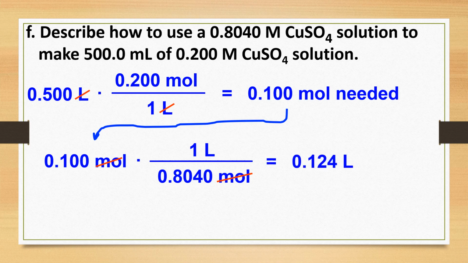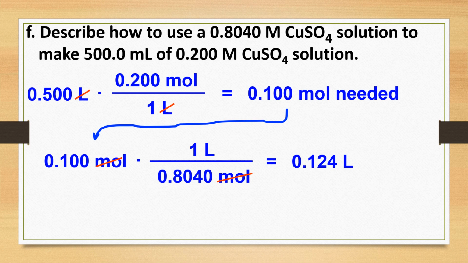So that means you will need about 0.124 liters of the 0.8040 molarity solution to make 500 milliliters of 0.200 molarity of your new copper sulfate solution, right?